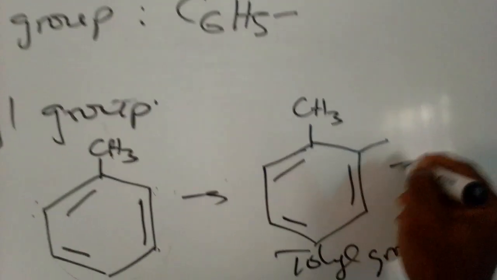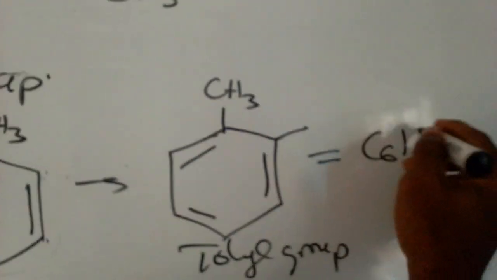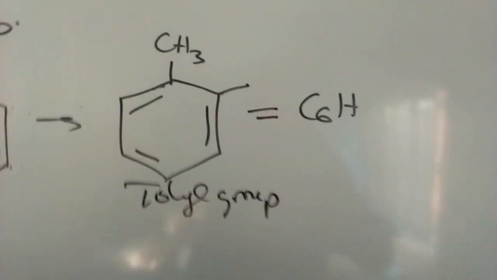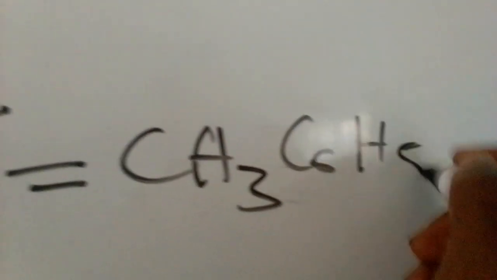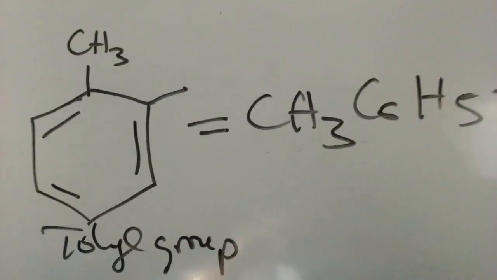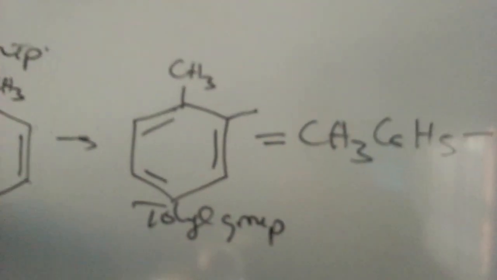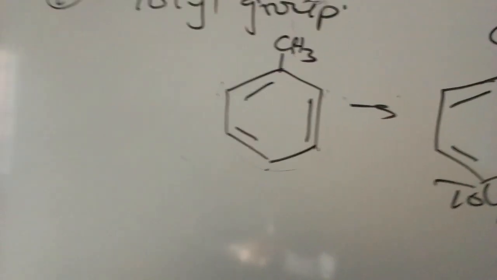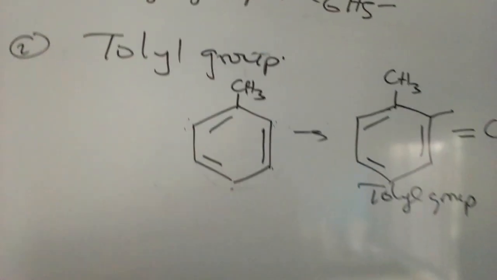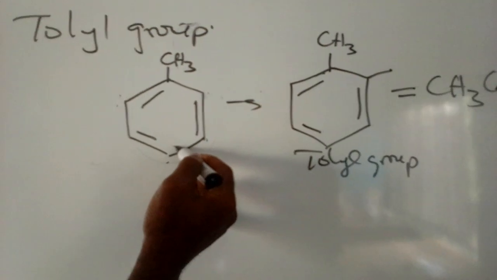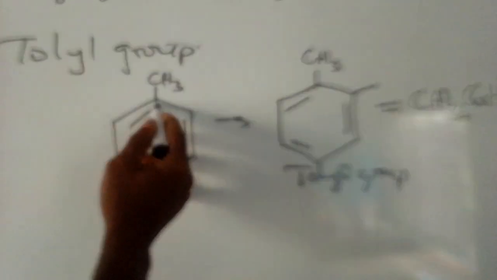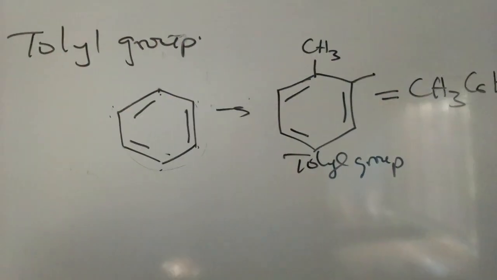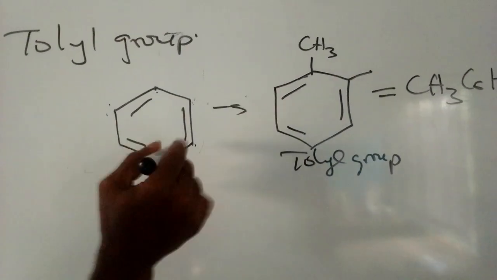So this is the toluene group, or can be written as C6H5CH3. Remember that benzene is C6H6. If I remove the methyl group here, I have complete benzene, which is C6H6.